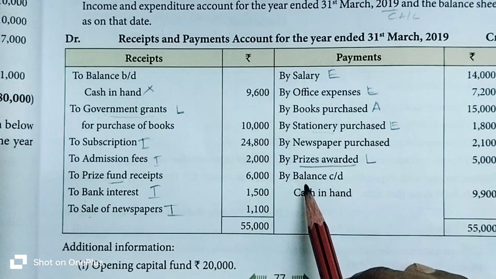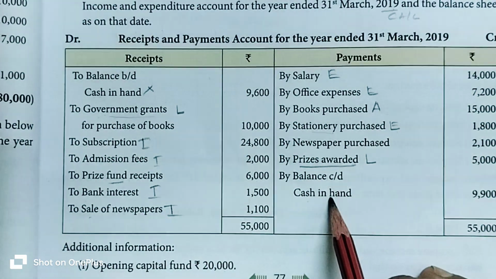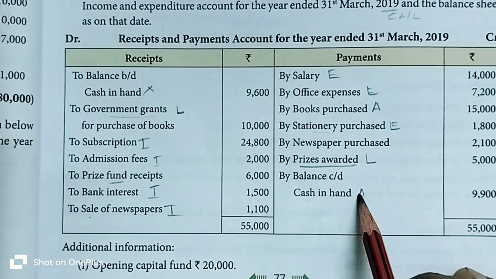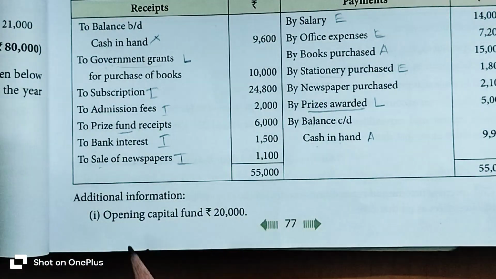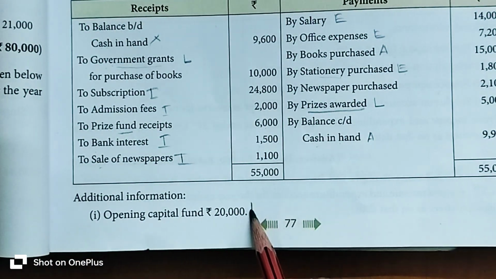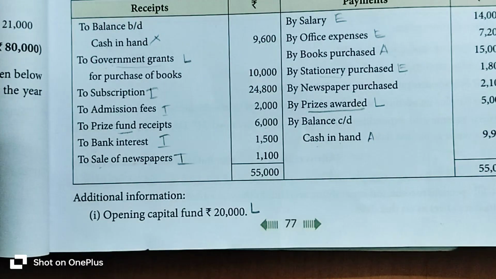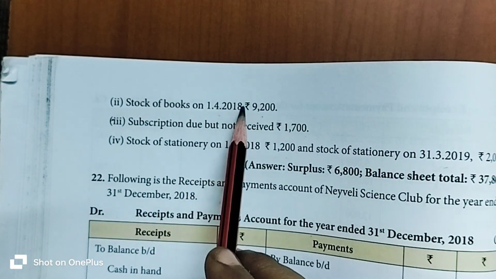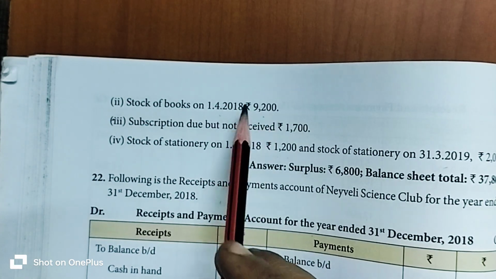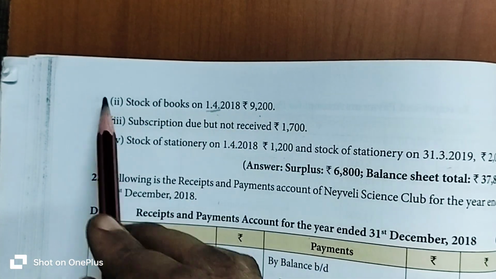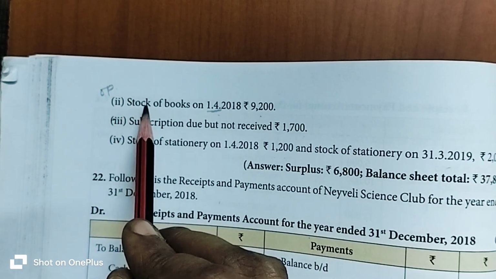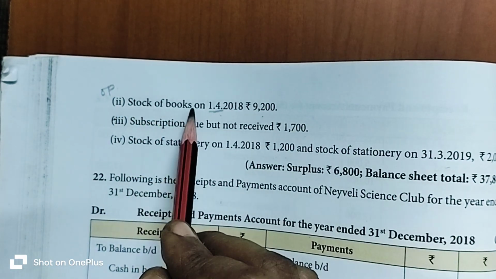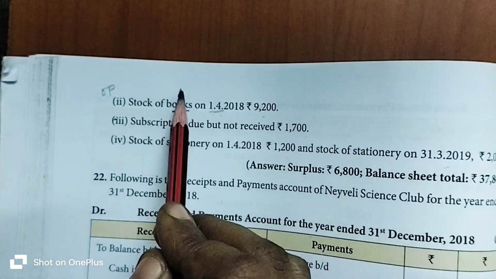Okay, then the closing balance of cash in hand will appear on the asset side. Then the opening capital fund is given here, it will appear on the liability side. Then stock of books on 1/4/2018, 9,200 rupees is given here. This is the opening balance of the stock of books. Books will appear on the asset side.